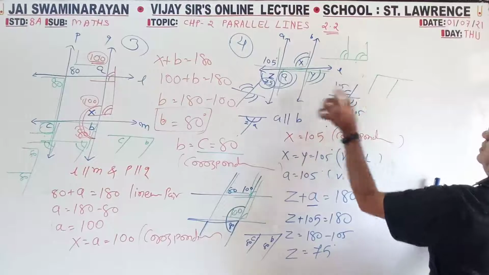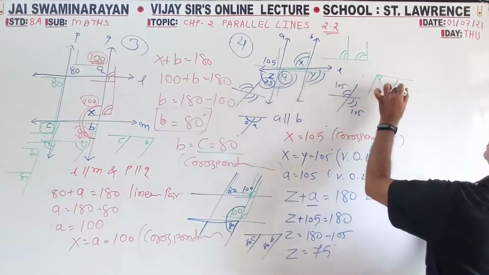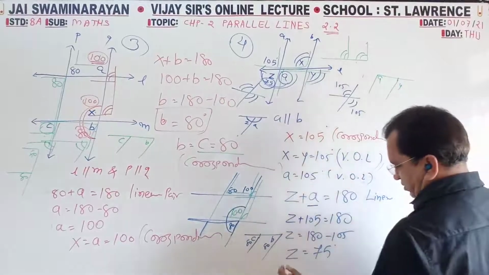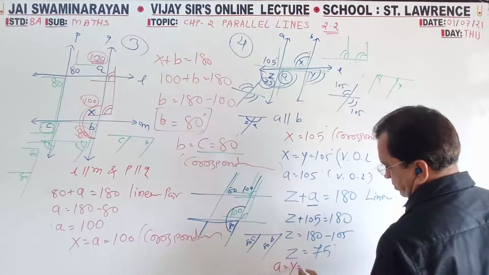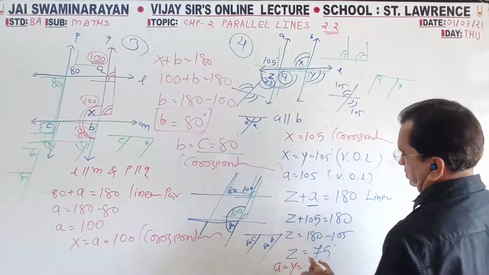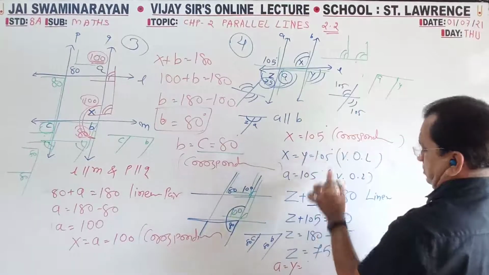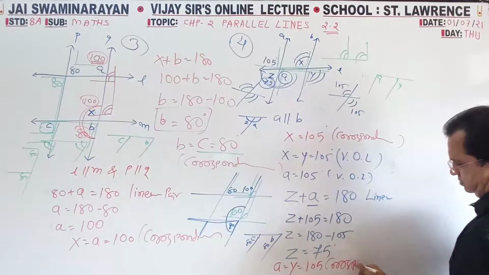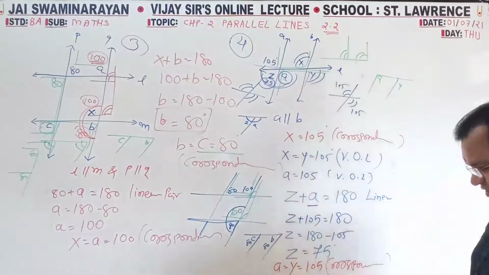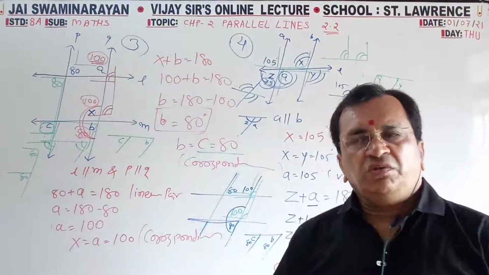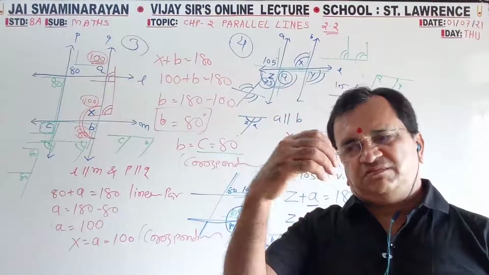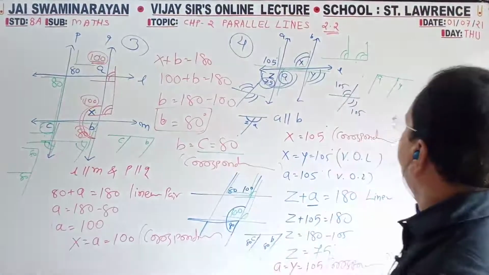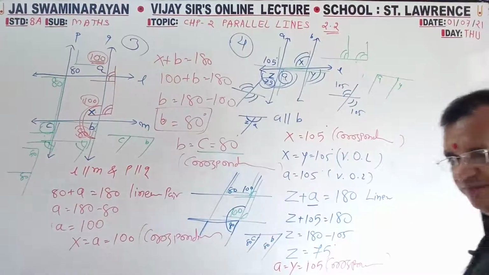This is A, this is Y. A is equal to Y is equal to 105. Corresponding. So by next to next, by corresponding, by vertically opposite, by interior angle, different methods you can apply.